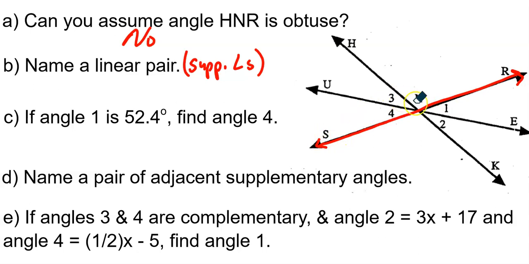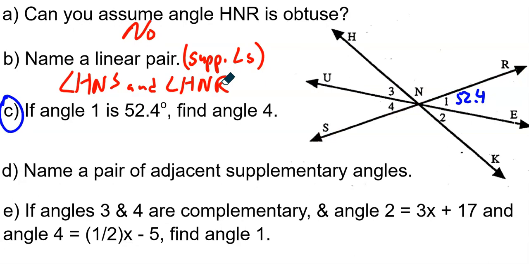I'm choosing S and R. So I could use angle H and S, and H and R. Now there are several answers for this one. I can see 5 or 6 of them right now, so that's not the only answer to that problem.